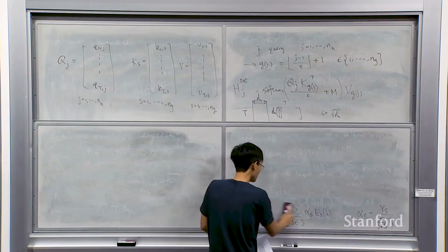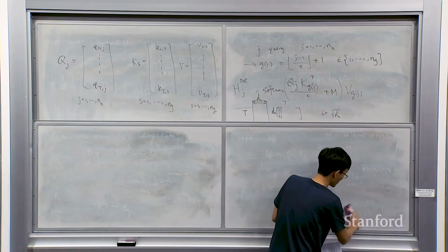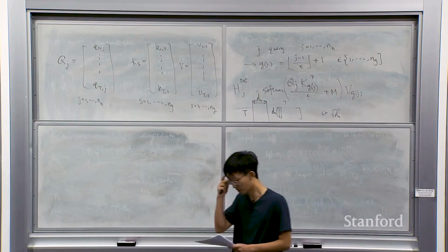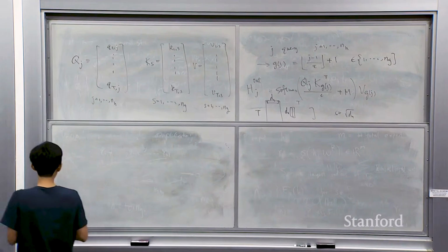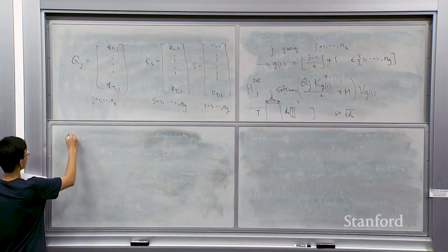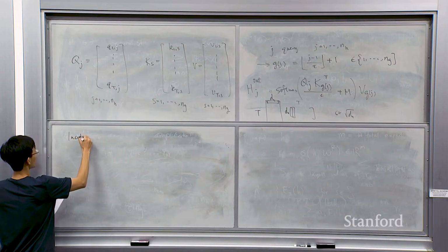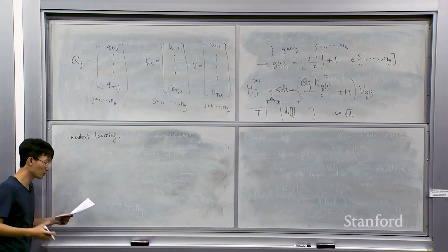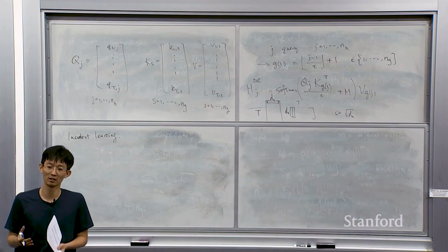Some of these may sound a little out of date, but they are still useful in various cases. So one of the ways to do it is so-called in-context learning. Suppose you have a new downstream task.